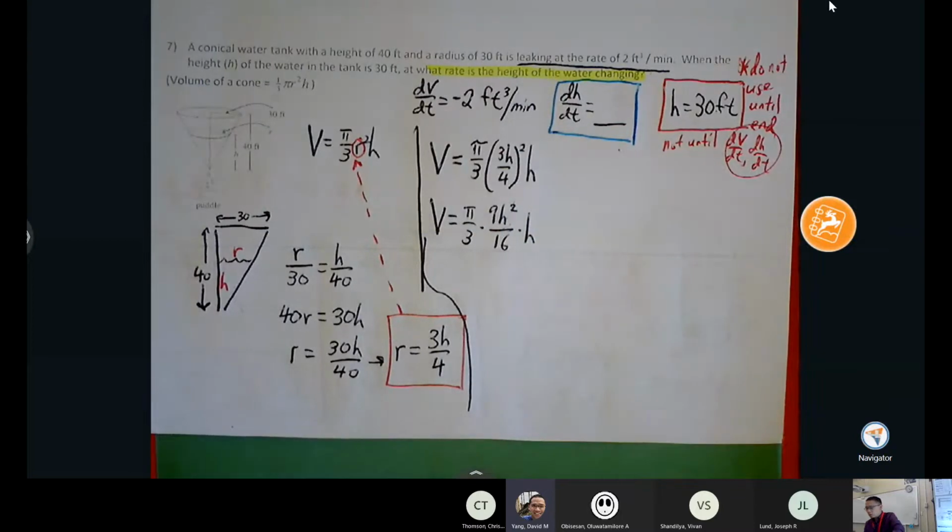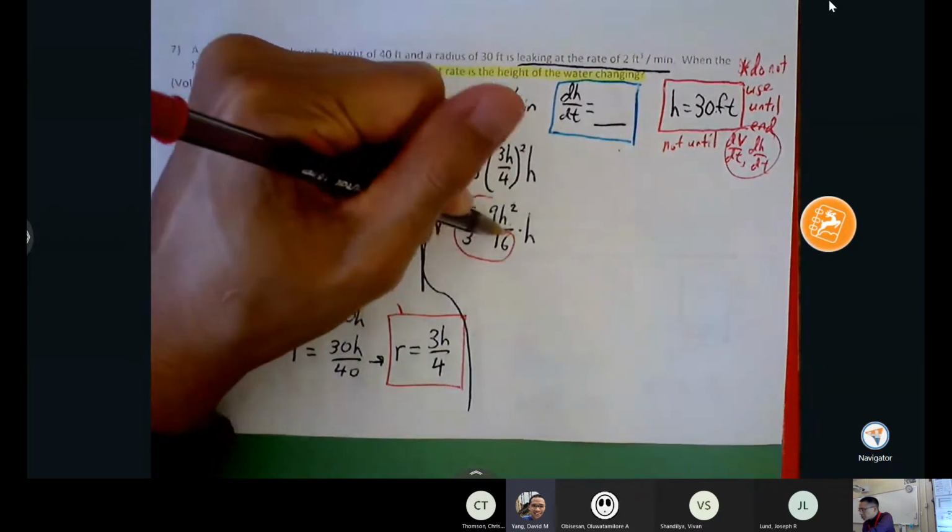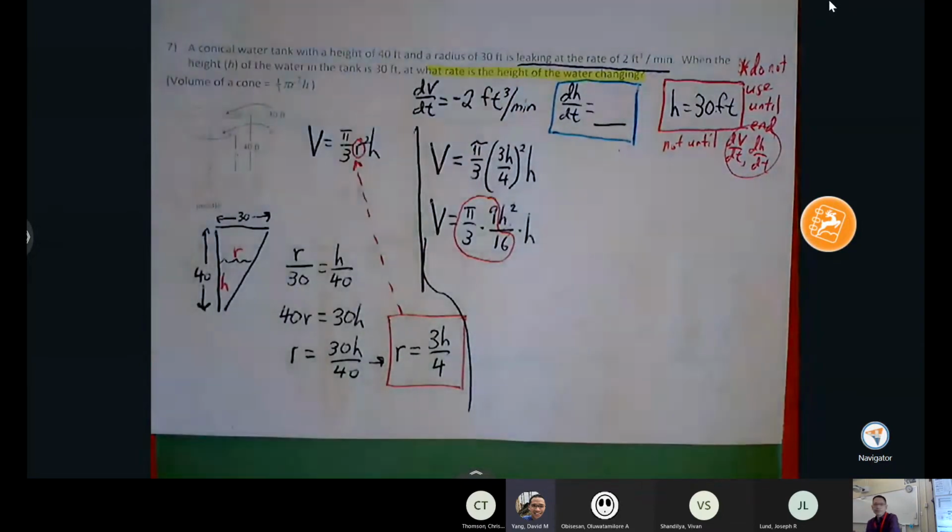Okay. What about these numbers? Can we do anything with these and push those together? What can that become? Can we cancel the 3 and the 9?